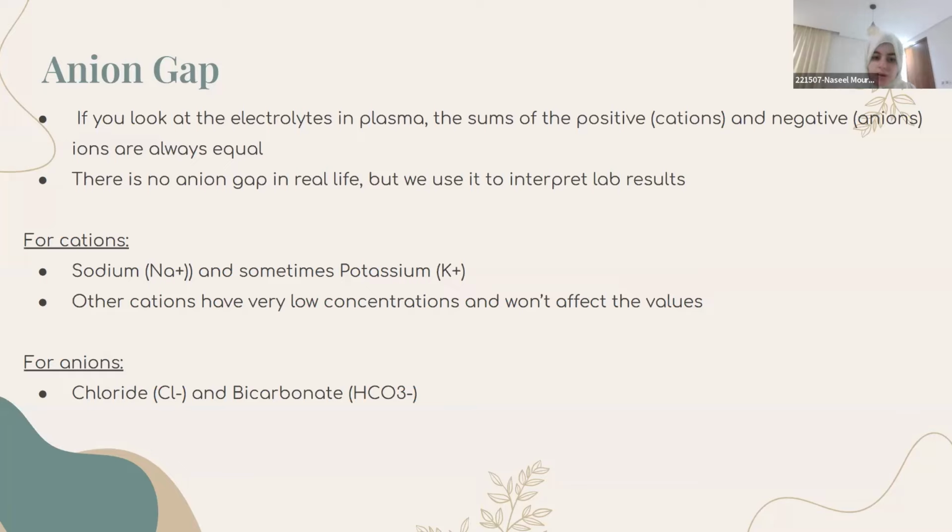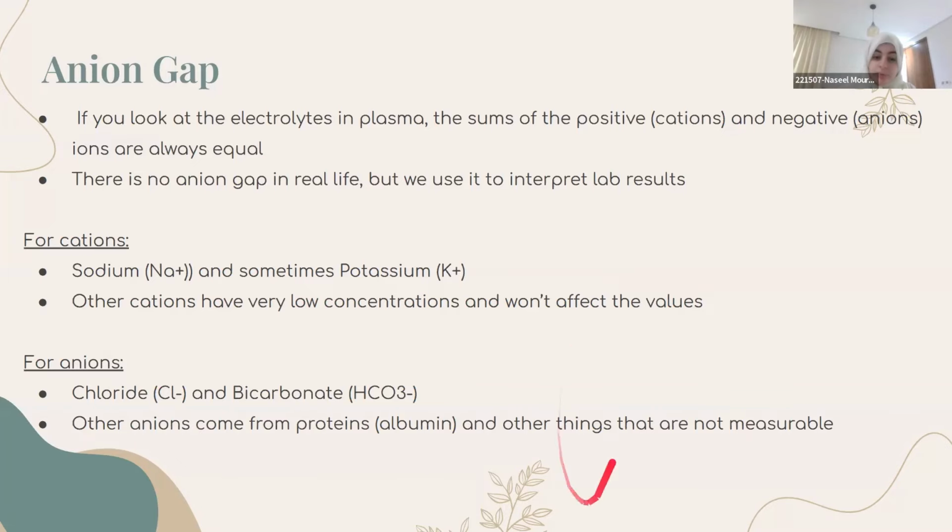However, a large portion of anions comes from proteins like albumin and other things, but these are not measurable when we check for an anion gap. So this is why usually when you have an anion gap, your cations show that they're more than the anions. But this doesn't mean that the blood itself is having this deficiency, it's just that you can't measure those values.